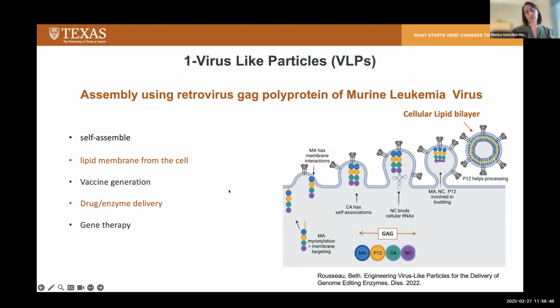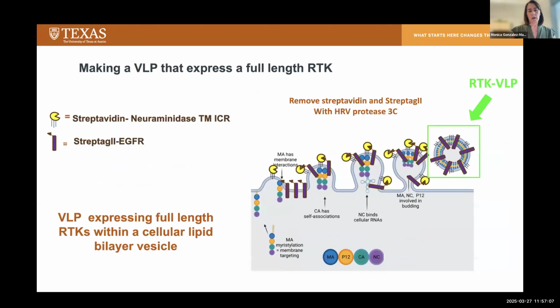These VLPs have been used for many purposes, especially to display antigens on their surface. So we thought, if we could display our receptors in the VLPs, which are small enough, maybe we can image them by cryo-electron tomography.